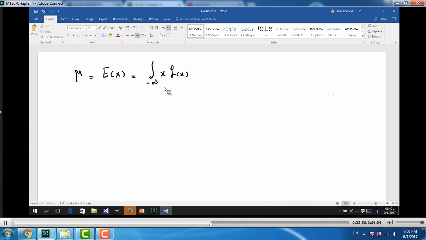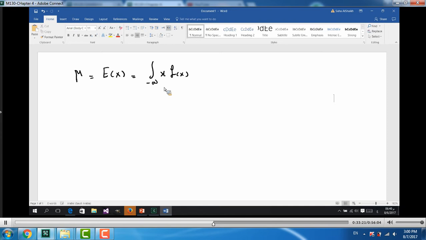They give me fx is 2x minus 1. If I want to find the mean, I integrate x times fx. So x times fx, which is 2x minus 1, and the integration will go from 1 to 2, not from minus infinity to infinity, just from 1 to 2.